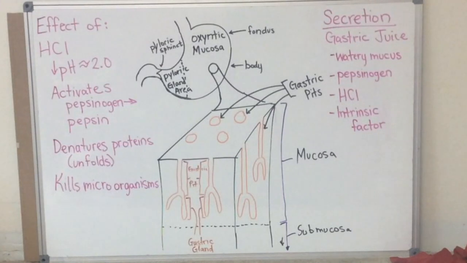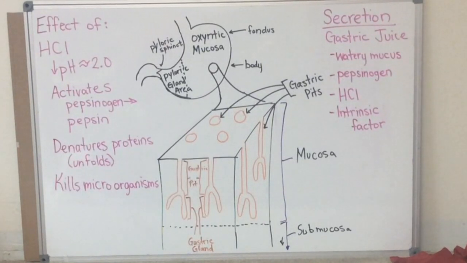This means it causes the complex 3-dimensional structures of proteins to unfold, increasing the amount of surface area exposed to the enzymes within the small intestine. Hydrochloric acid also kills many microorganisms within the stomach, which prevents the growth of bacteria in the digestive tract. However, some bacteria do survive and begin to reproduce and colonize within the large intestine.